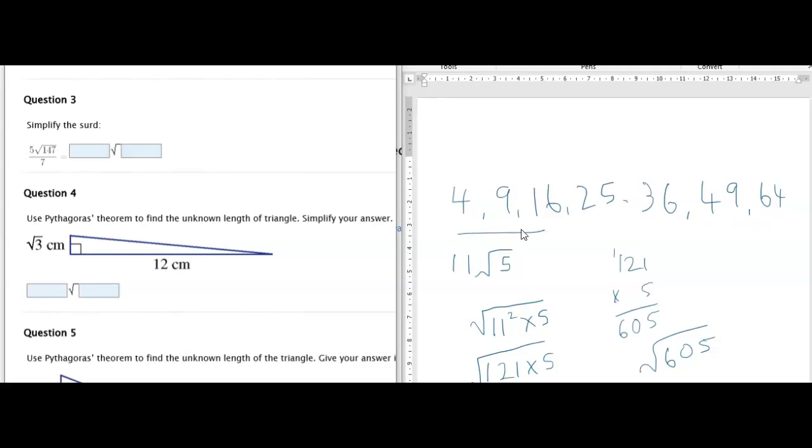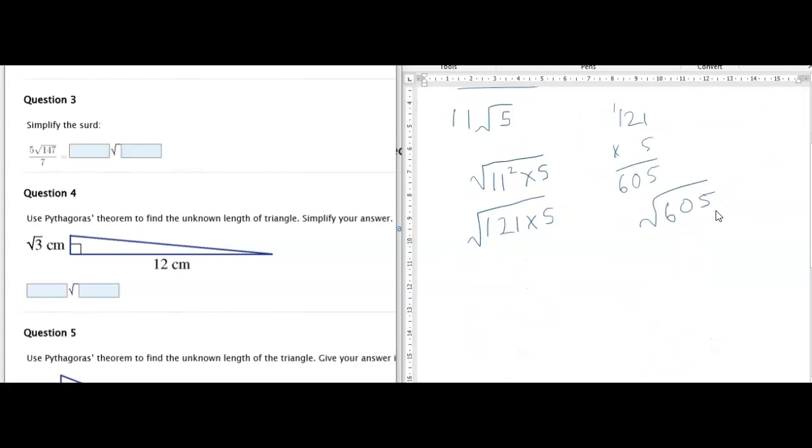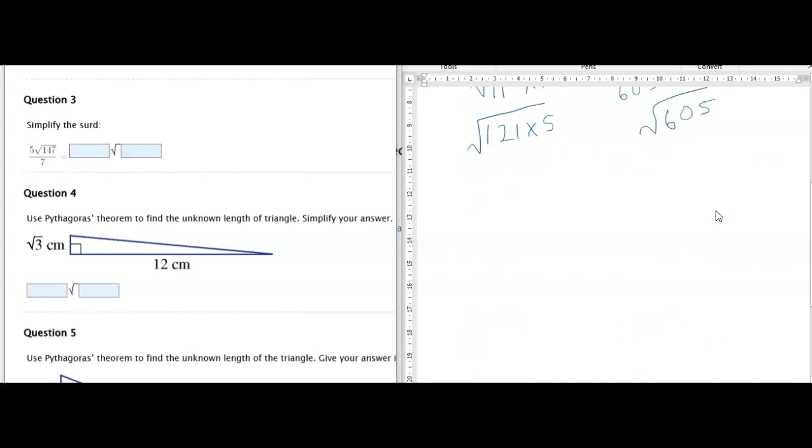Sometimes it just requires you to go through every square number. It wouldn't be an even number because we're working with an odd. So you'd just say, does 9, does 25, does 49, and so on. So 49 goes into 147, so 147 can be written as 49 times 3.